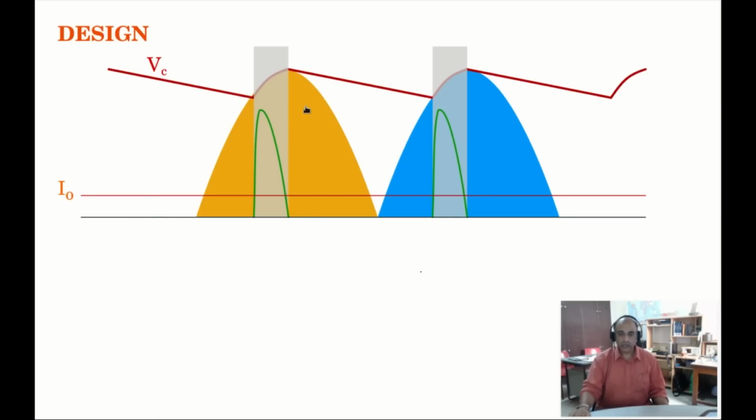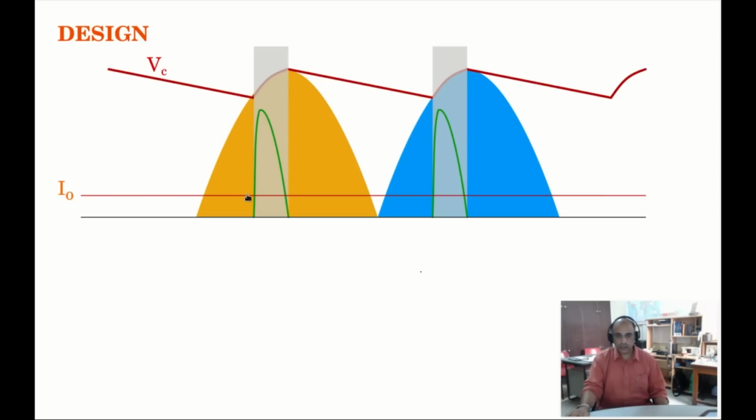We are now back again to the whiteboard where we have the waveforms. We had seen these waveforms earlier. This is the output voltage waveform with the ripple. VC is the output voltage waveform across the capacitance. I naught is the load current. We have shown the average value of the current.